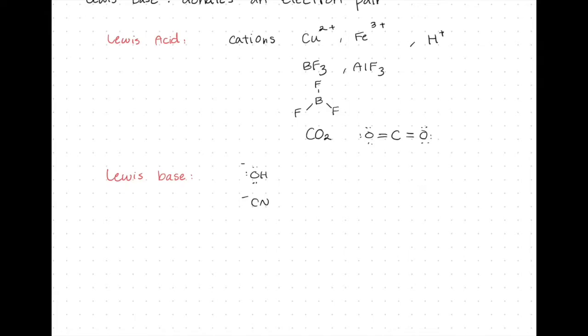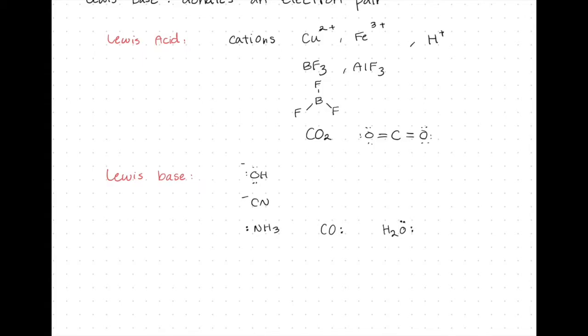You see these are ready to attack a Lewis acid and share the electron pair that they have. Or something like NH3, which has an electron pair ready to attack a Lewis acid with it. Or CO, that has an electron pair. Or H2O, that one has an electron pair as well.